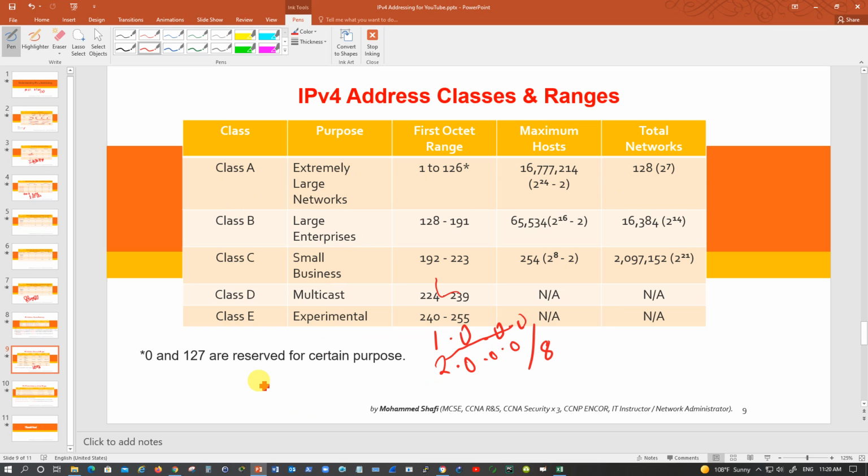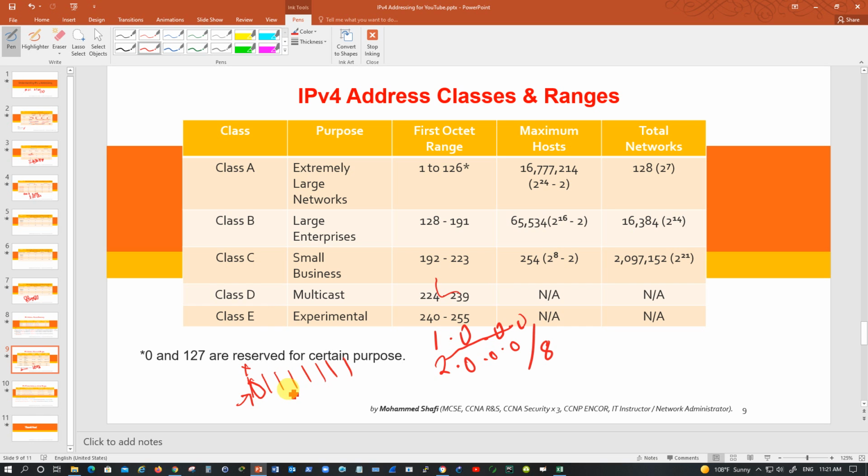If you look at the first octet, it is comprised of 8 bits. The internet experts have reserved this bit and made it 0, which gives the indication to the routers that this is a class A network. So we are only left with 7 bits to play with. That's the reason why we have 2 to the power of 7, around 128 total networks.